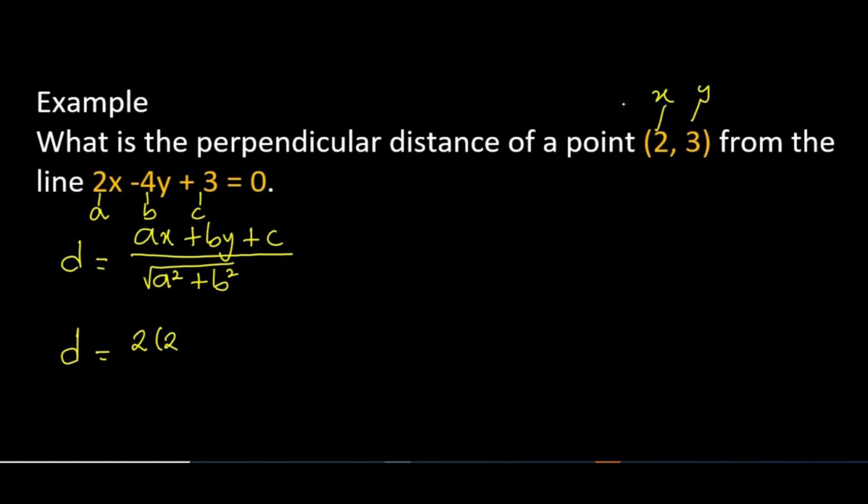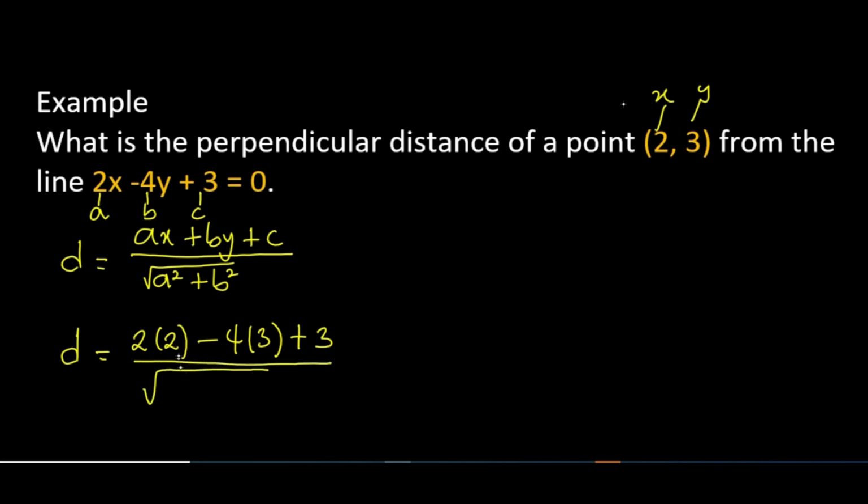So you put everything there. a is 2, into bracket 2, plus b, which is minus 4, into bracket 3, plus this c is 3 as well.